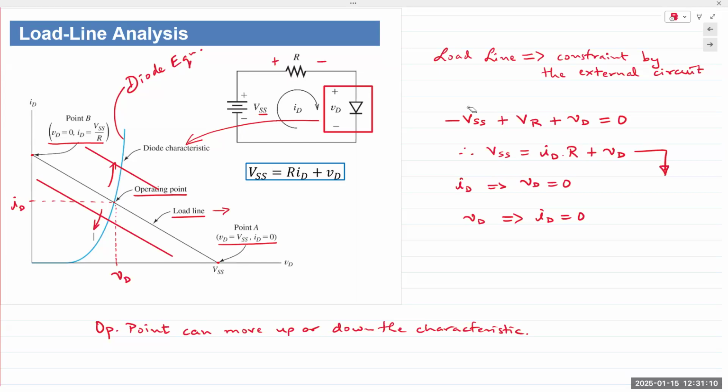So it's the constraint placed on the diode or the device by the external circuit. So the operating point could go anywhere along the diode characteristic. If the external supply is only, let's say, 0.5 volts, then it will be somewhere along this line. But it would be a point on that line, right? If the external circuit is 10 volts, then it could be somewhere up here. We don't know.